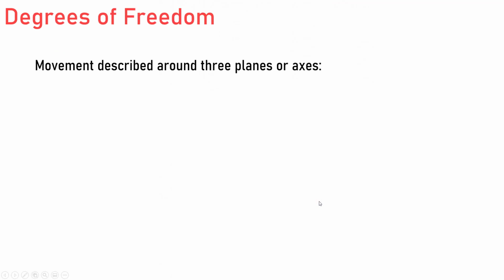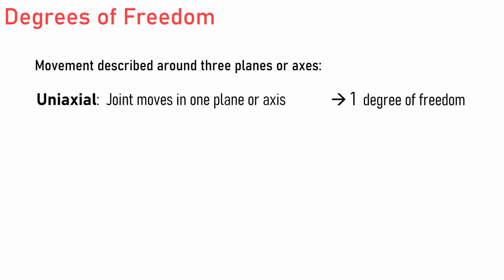But what's important with these 6 types of joints are the degrees of freedom that are available. What the degrees of freedom are really talking about is how many planes of motion that joint operates in. So you can have 1 degree of freedom, which is a uniaxial joint, and the reason why it's referred to as uniaxial is because it only has 1 axis, and that means it's moving in 1 plane of motion.